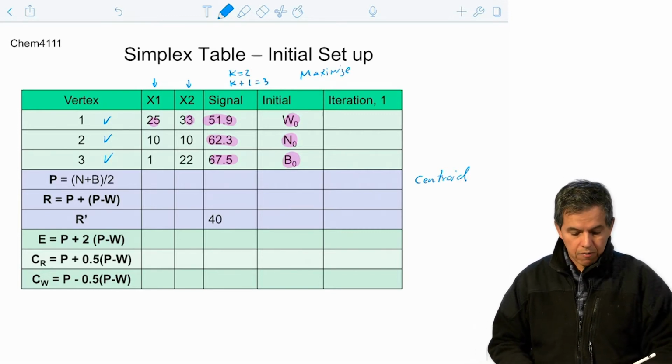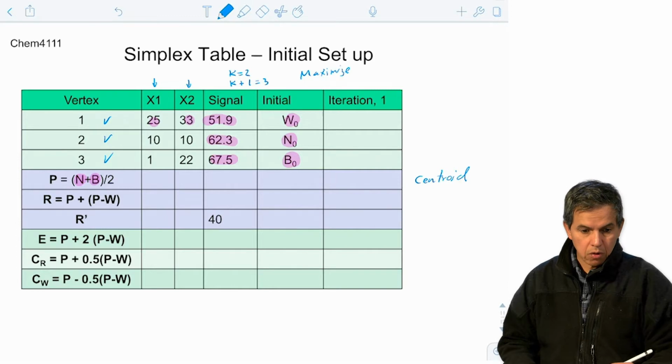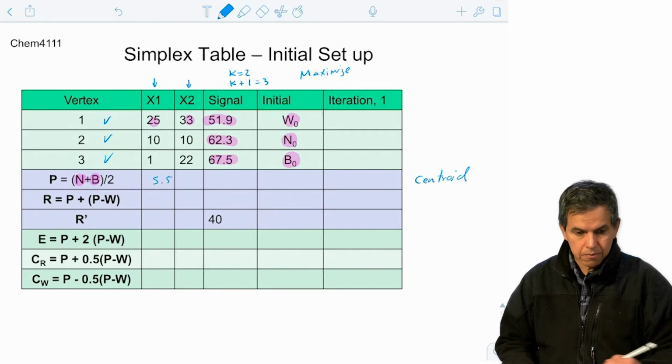So if we take the average of x1 for the next and best measurements, we can then obtain an average corresponding to 5.5. For x2, the average would be 16.